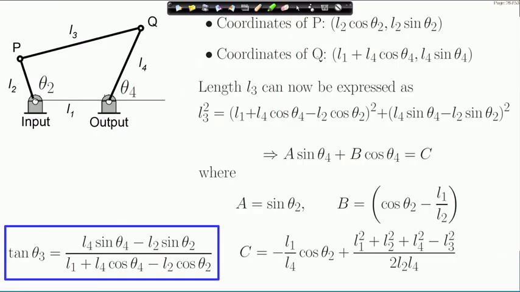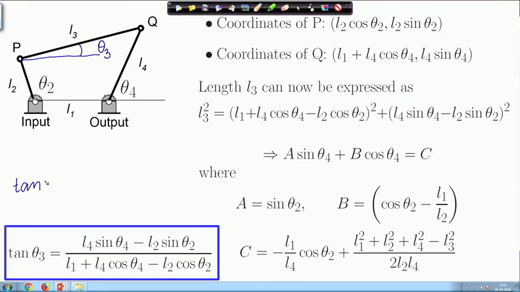And before that, let me also discuss the determination of this angle theta 3. So, this is theta 3. So, tangent of theta 3 is nothing but Qy minus Py by Qx minus Px.